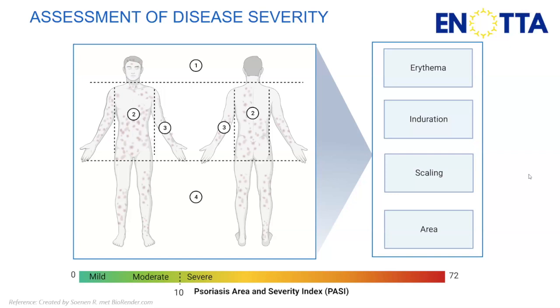So it's moderate to severe psoriasis, mostly a score of PASI 10. The score depends on the one side on the area that is affected, and on the other side the severity of the lesions. Here we look at erythema, induration, scaling, and voila, the patient gets a score.